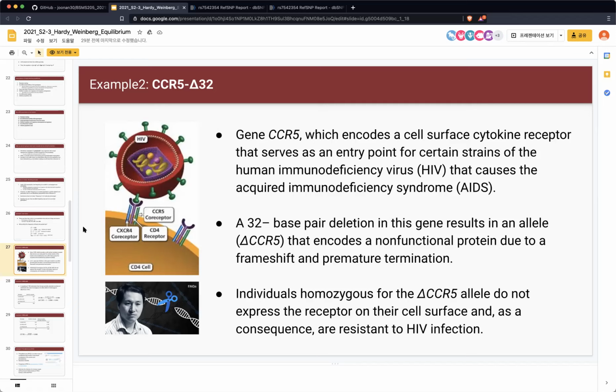And some scientist in China claimed that if you use the CRISPR-Cas9 system and delete the gene, then the baby born should have the proper immune system to protect from AIDS, right?